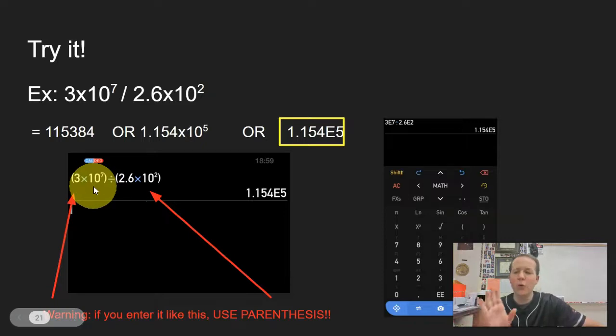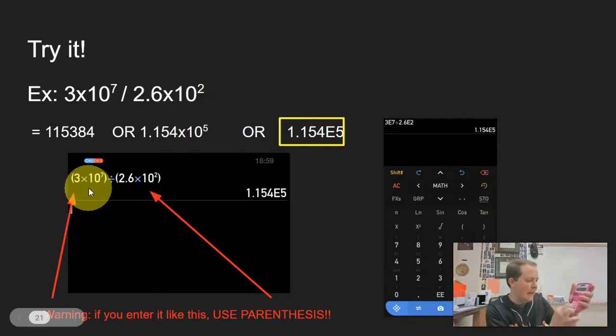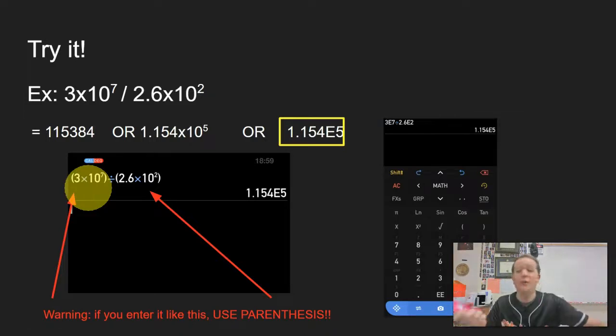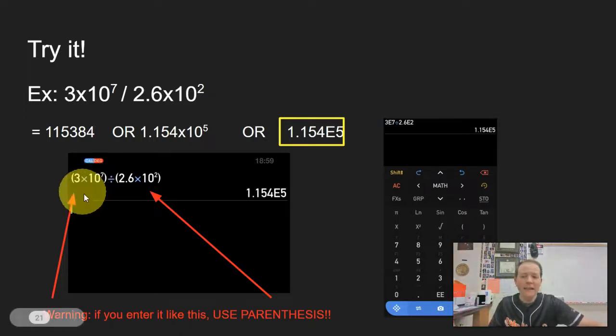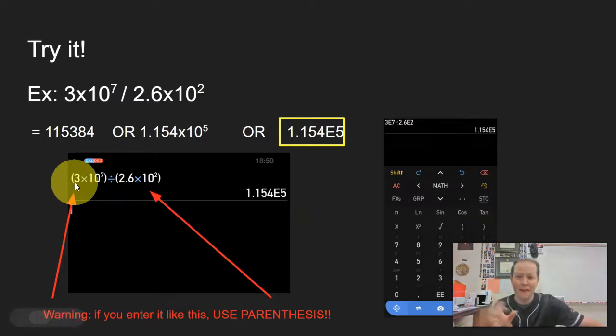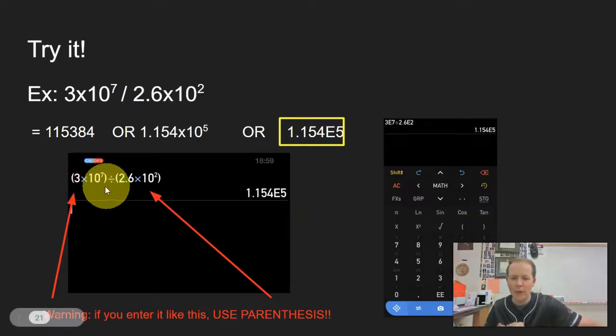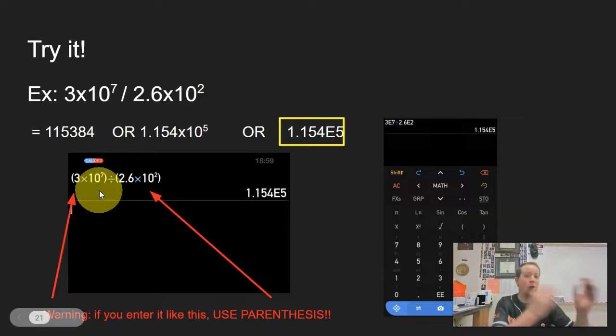Otherwise, your calculator's order of operations is going to be a little different. Okay, I'm going to say that again. If you're going to input times 10 and then raise it to a power, you can, but only if you are consciously and very carefully putting in parentheses around those numbers. Otherwise, your calculator is going to do the wrong order of operations. Well, it's going to do the right order, but not for what you think you want to do.